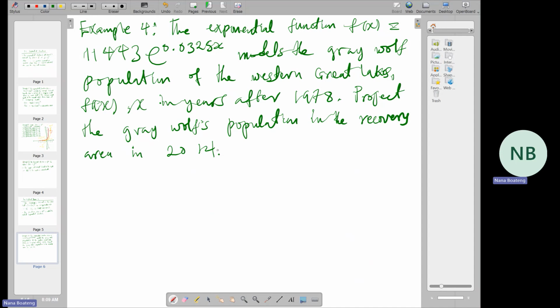All right, so we are given a function f of x which models the gray wolf population after 1978. To find the population after any number of years after 1978, we will first have to find the number of years from 1978 to that particular time point in the future.